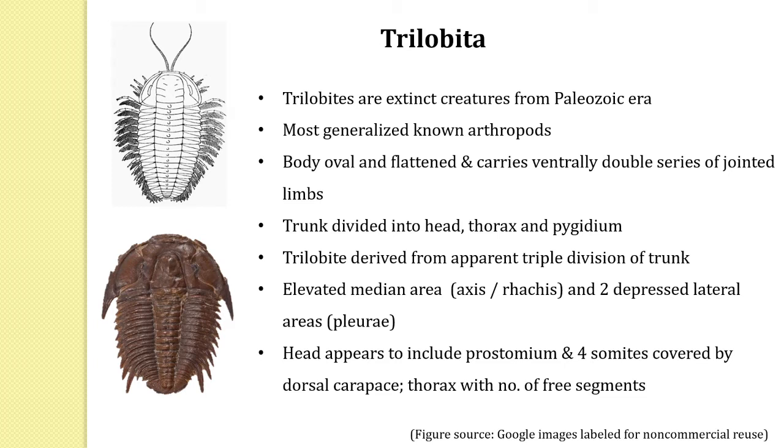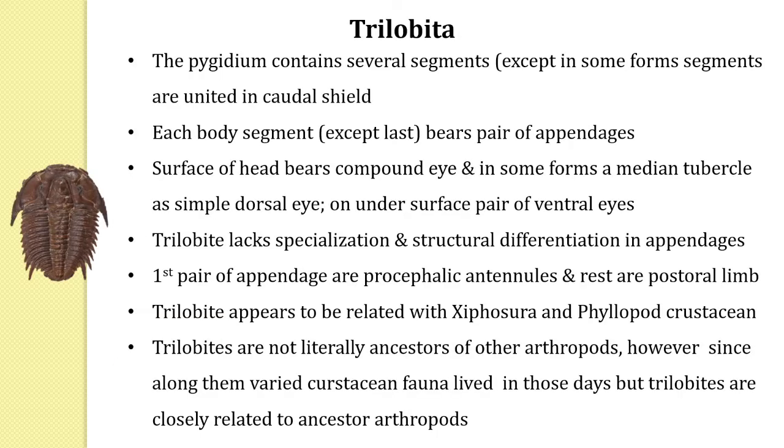In some cases the caudal shield gives protection to the caudal end. Each body segment except the last bears ventrally a pair of jointed appendages. On the upper surface of the head, in most species, are a pair of compound lateral eyes, and in some forms median tubercles appear to be a simple dorsal eye.